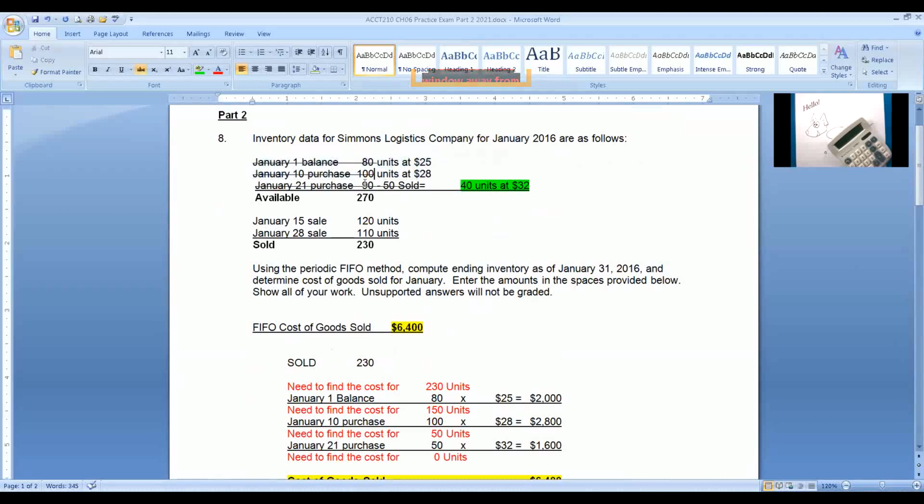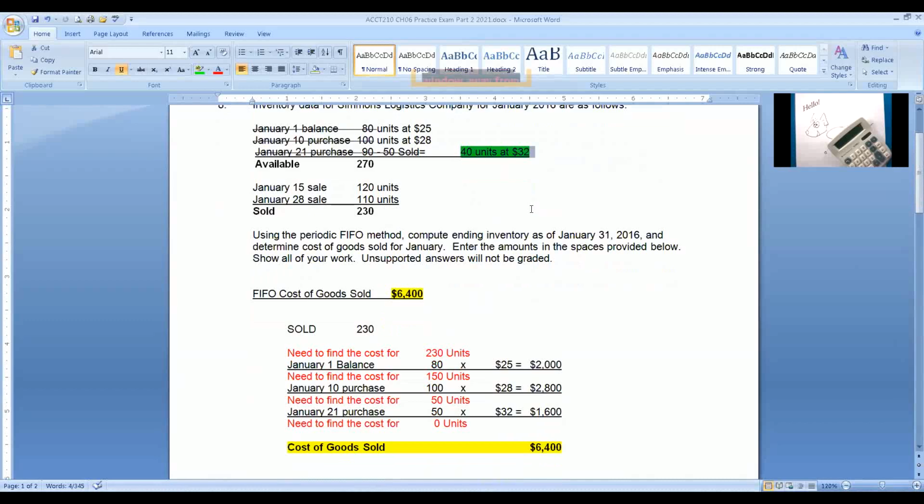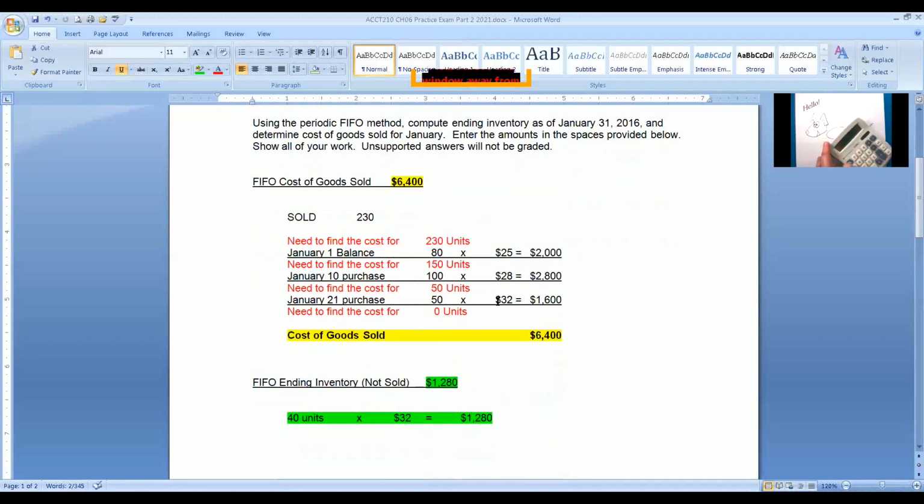So these were the first ones that were sold, and what was left at the end was 40 units at 32. Oh, okay. Yeah, so in other words, 40 of the 90 units, 50 of them were sold. So 40 of them were not sold. I should probably check that number just to make sure. 40. Okay, thank you.